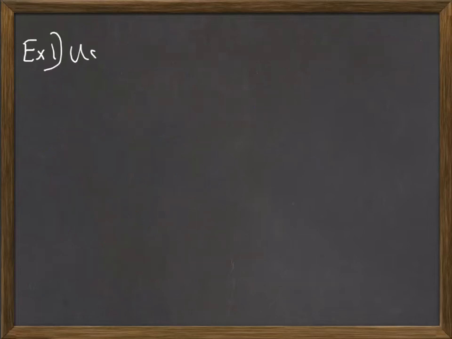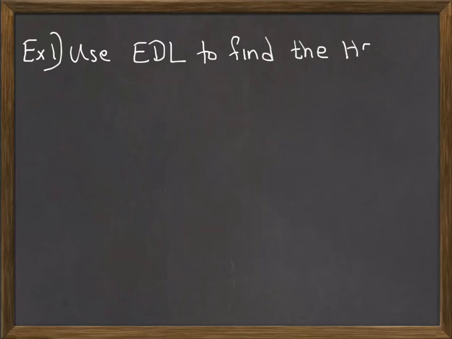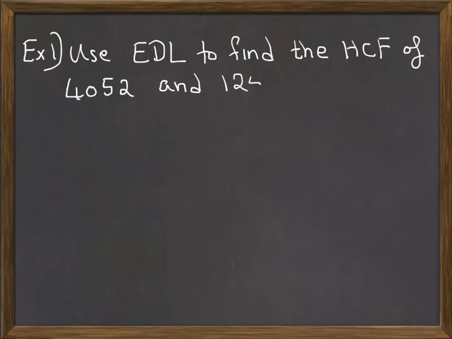Let's try one more. Use Euclid's division lemma to find the highest common factor of 4052 and 12,576. Now since 12,576 is the larger number, we start the division process. 12,576 divided by 4,052.